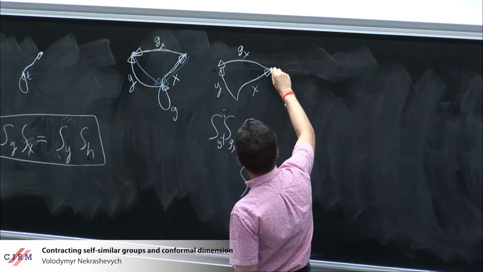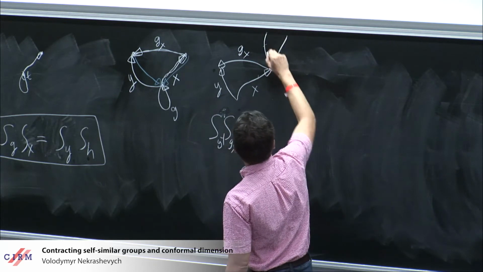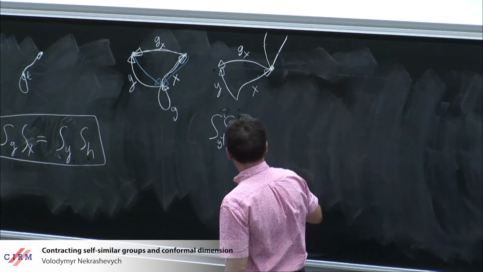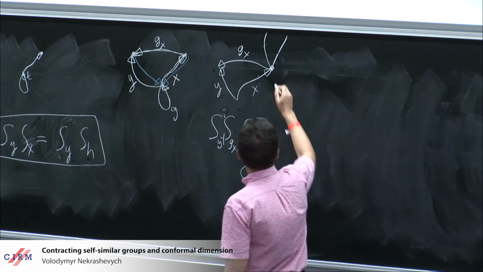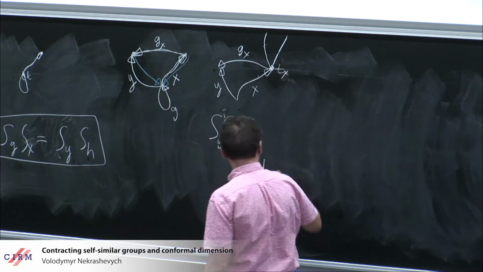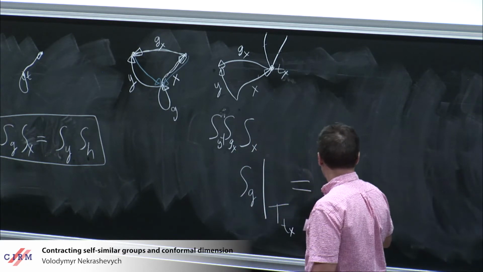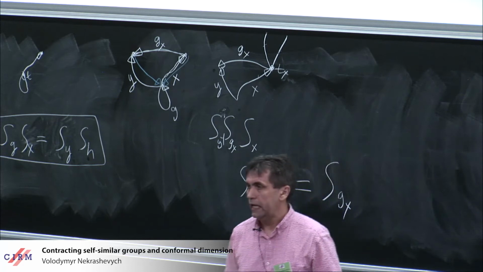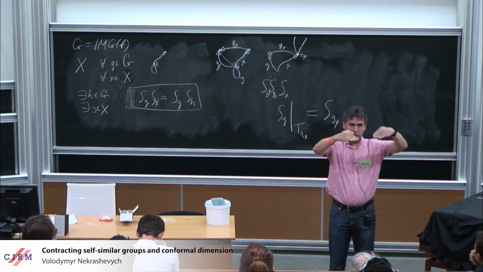So if you restrict this Sg to the subtree starting in this vertex, let's call it Tx, then this is exactly Sgx. Because by definition, Sg is defined by taking lifts of the path G everywhere.